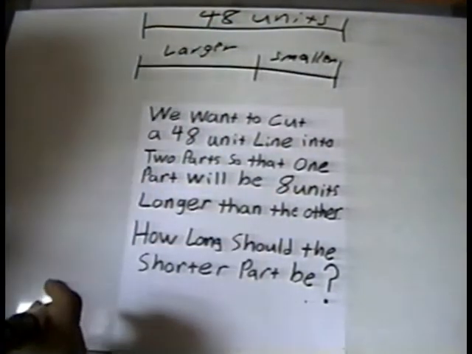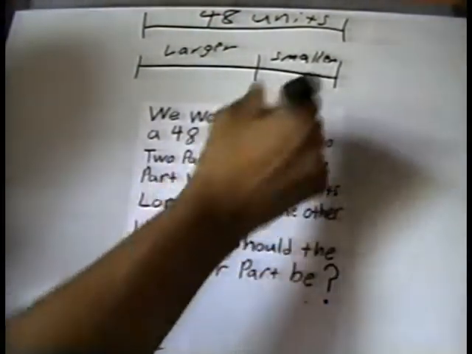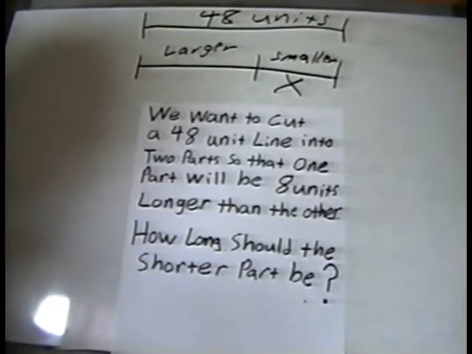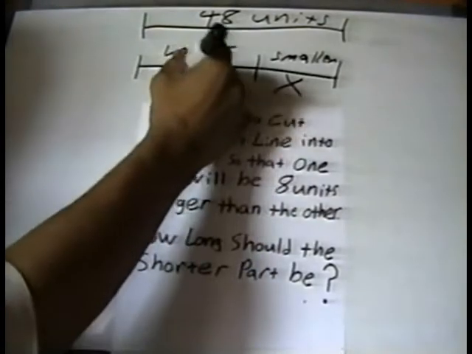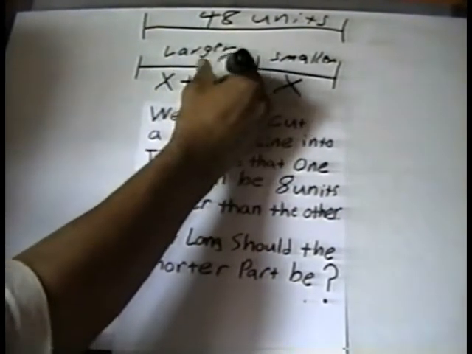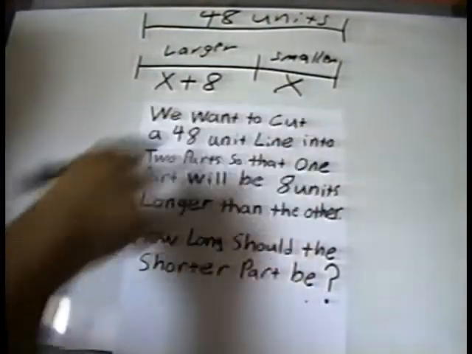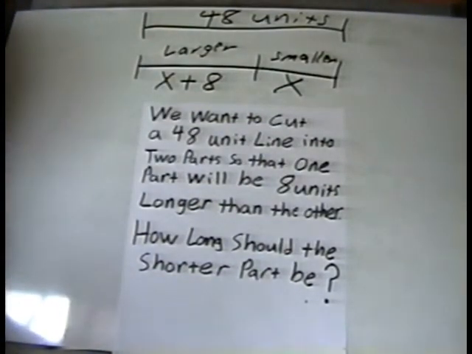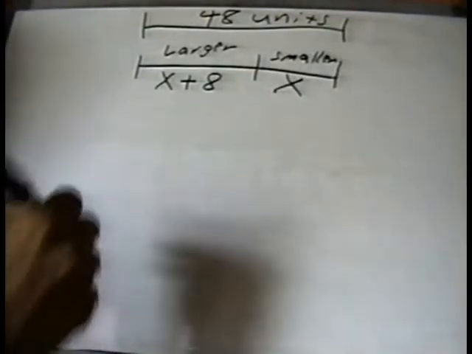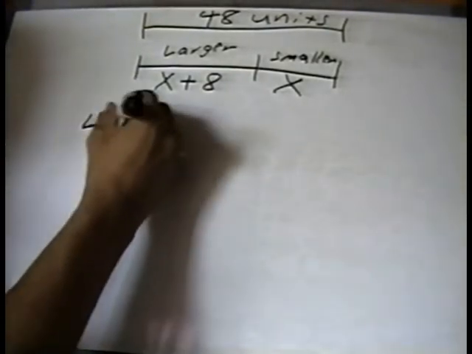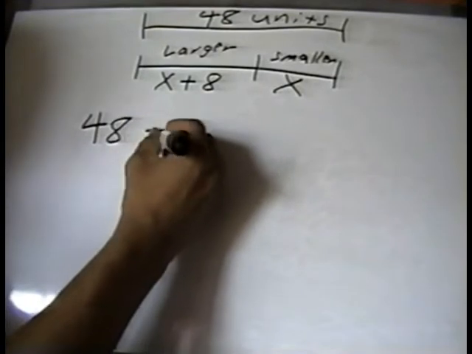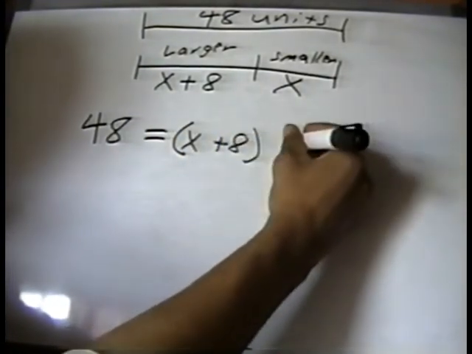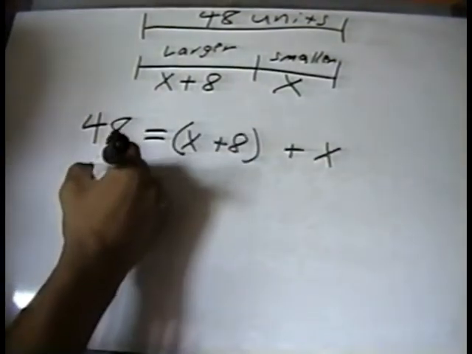So there's a larger part and a smaller part. The smaller part is what we're trying to find, so that's unknown. We're going to label that an X. The larger part is 8 units longer than the smaller part. Okay?